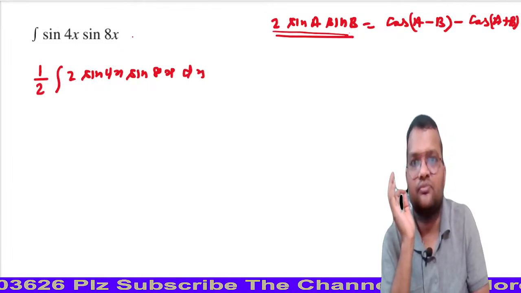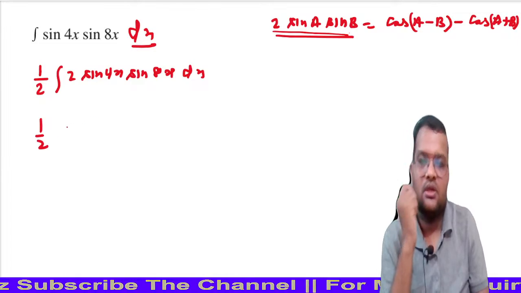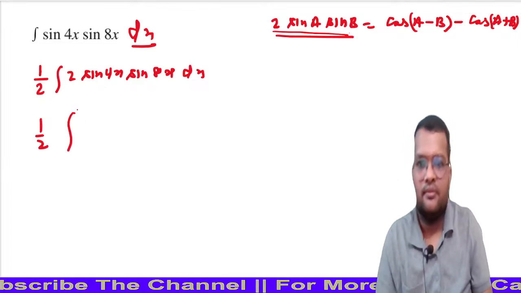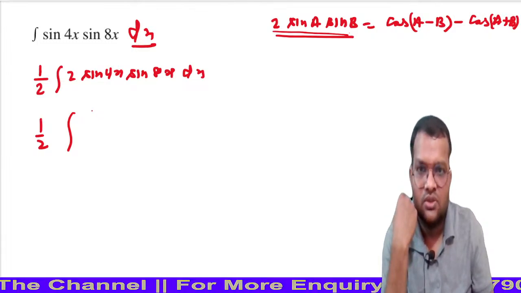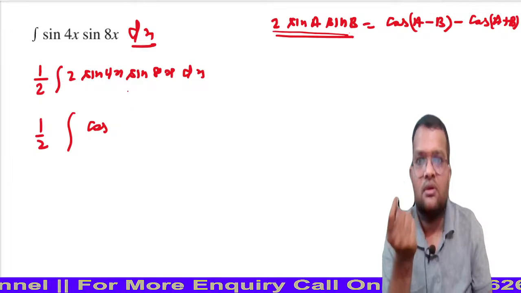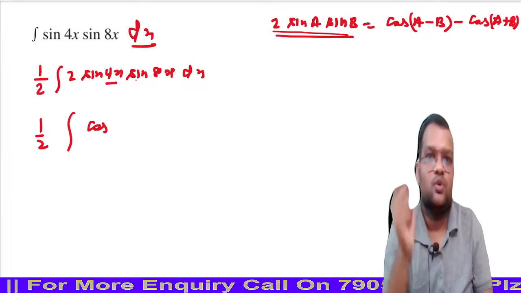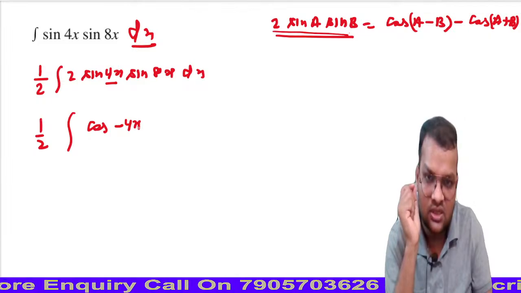Simply integration, so 1 upon 2. Now you can make it in the form of addition. So it becomes cos(a minus b), meaning 4x minus 8x, it becomes minus 4x.